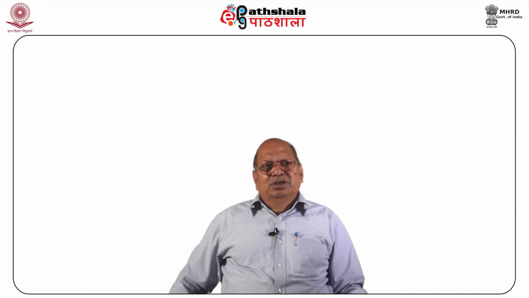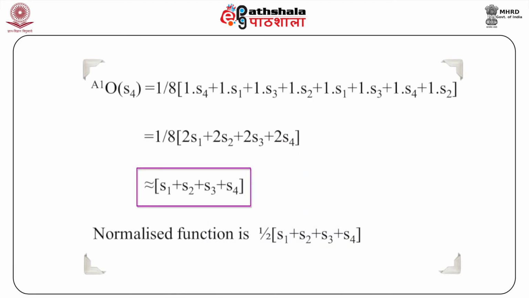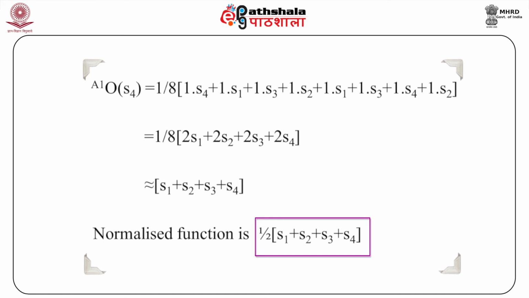These results are summarized in the tables below, and by calculation it shows that one of the SALCs is the same S1 plus S2 plus S3 plus S4 as given in equation 1. Therefore, the normalized function is 1 upon 2 S1 plus S2 plus S3 plus S4.